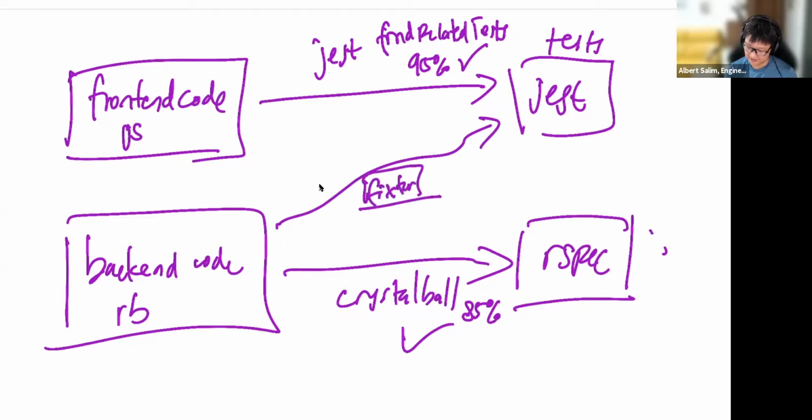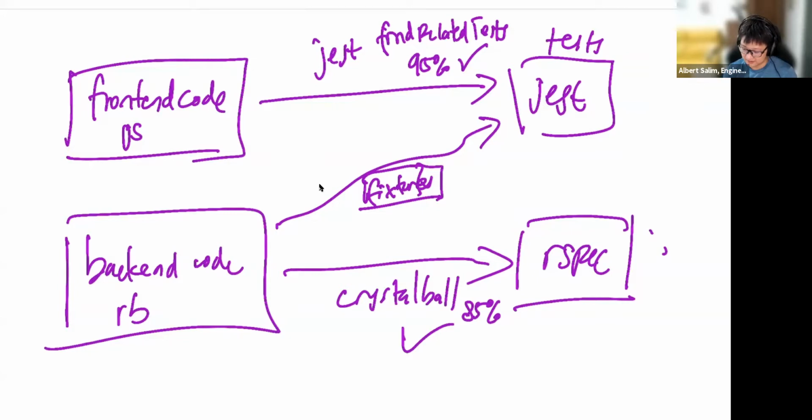The fixtures are generated from the backend and then loaded by Jest to run the tests. Right now we don't know how to identify which front-end tests Jest needs to run given a change in the backend, because of the fixtures.